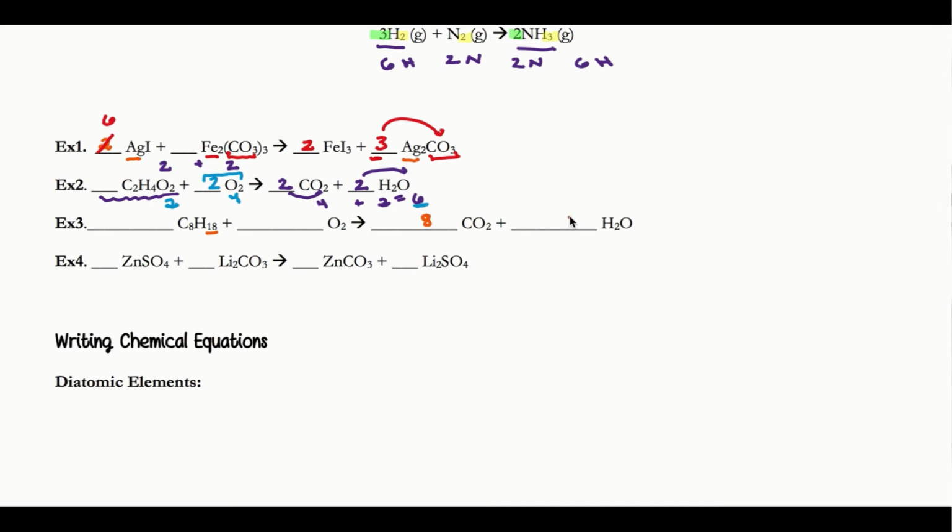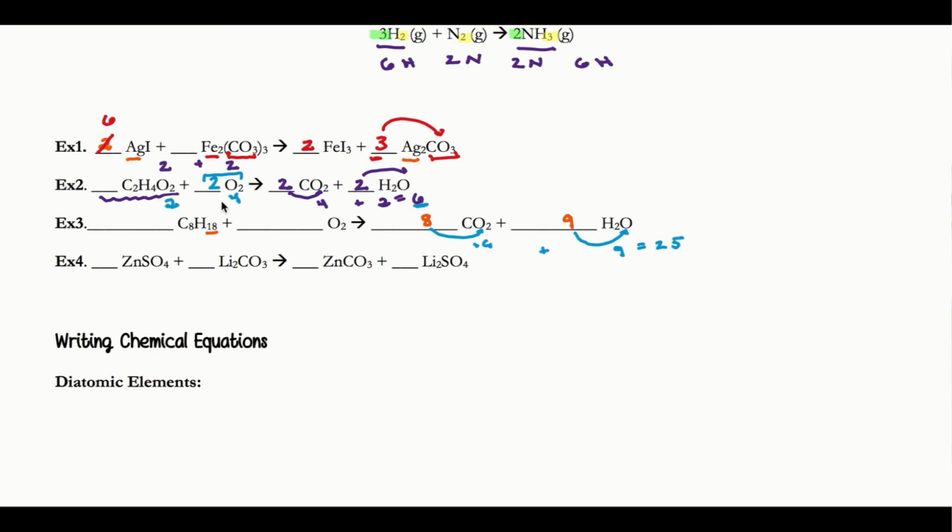Well, I would need to put a 9, because 9 times 2 is 18. Let's figure out how many oxygens I now have. Well, on this side here, I've got 16 oxygens, because 8 times 2 is 16. And I've got 9 times 1, which is 9. So I right now have a total of 25 oxygens.